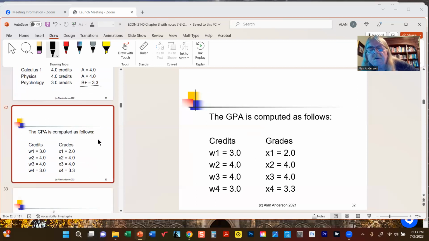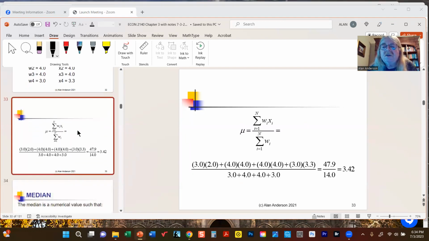So here's the weights, the 4 classes, the 4 grades, and the average, the GPA. They used to be called quality points. I don't know if they still call them that or not. Anyway, let's see how this works out. Using the formula again, we'll treat your semester as a population. It doesn't really matter whether we call it a population or a sample. So we went through.